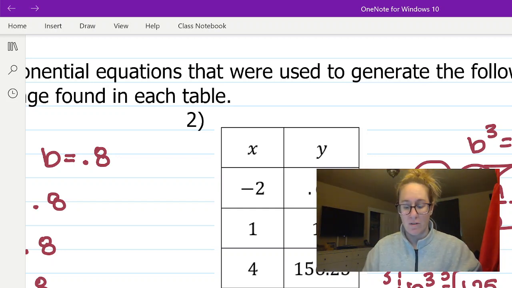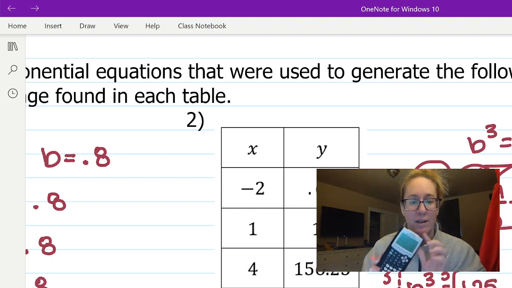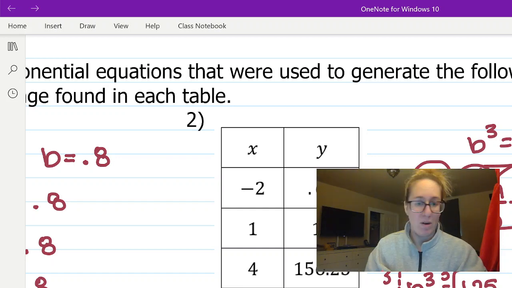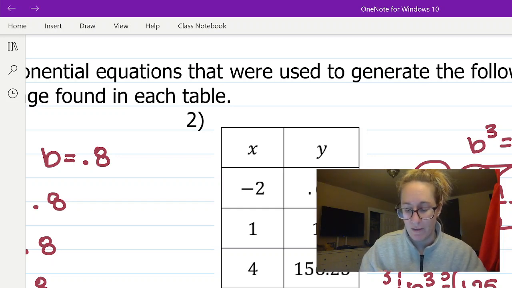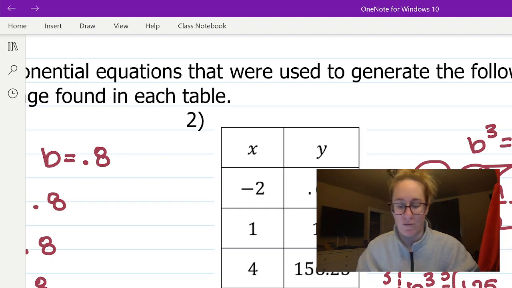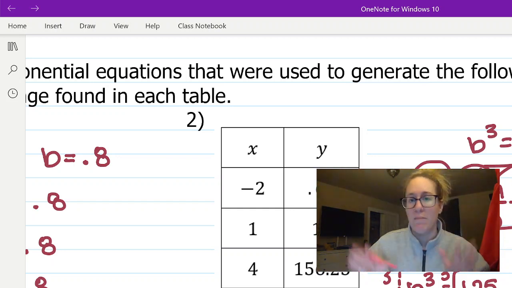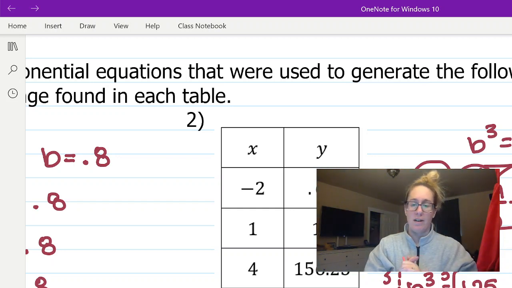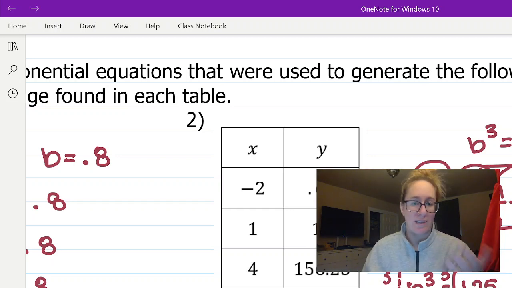So I'm going to take my calculator and type in 4 times 2.5 to the power of 4. Make sure I get 156.25. And lo and behold, I got 156.25. You guys know how to use a calculator. So it seems like my equation checks out.